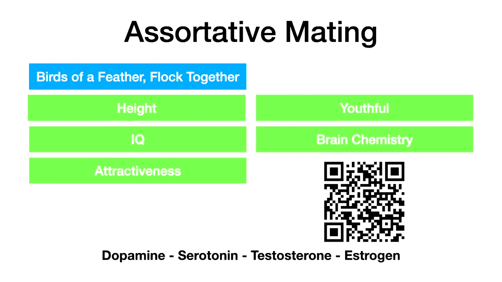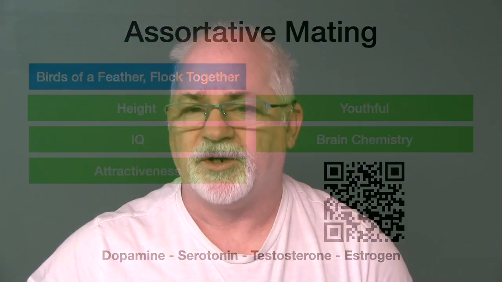Now, regarding the validity of this particular test using those chemicals, it's essentially asking, if you were all serotonin, all dopamine, all testosterone, all estrogen, what are the principal characteristics that we might see, based on our understanding of those chemicals? This is not a test of the actual presence of those chemicals.